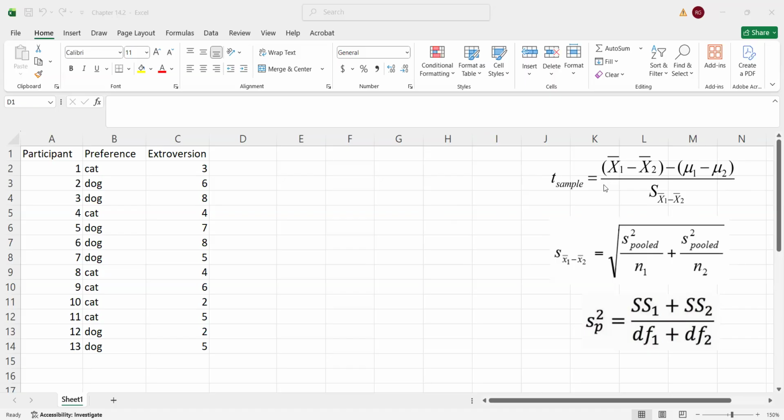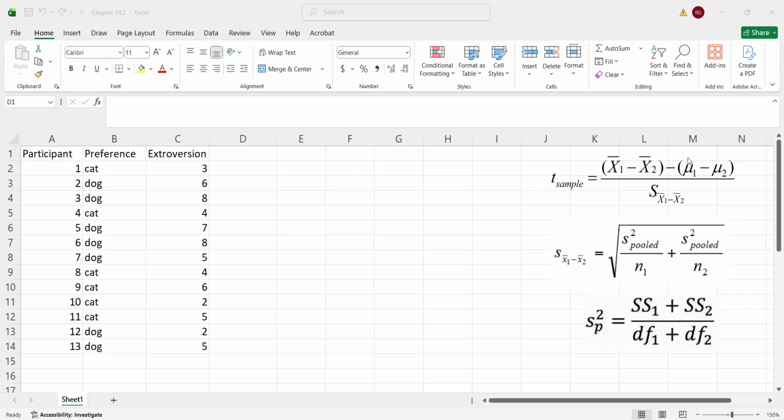for our data. So what this is saying is that we're going to take the mean of the first group or the first sample, x bar sub 1. We're going to subtract from it the mean of the second group or second sample, x bar sub 2. And then we would subtract this part over here, which is the representation of the null hypothesis in an independent samples t-test.